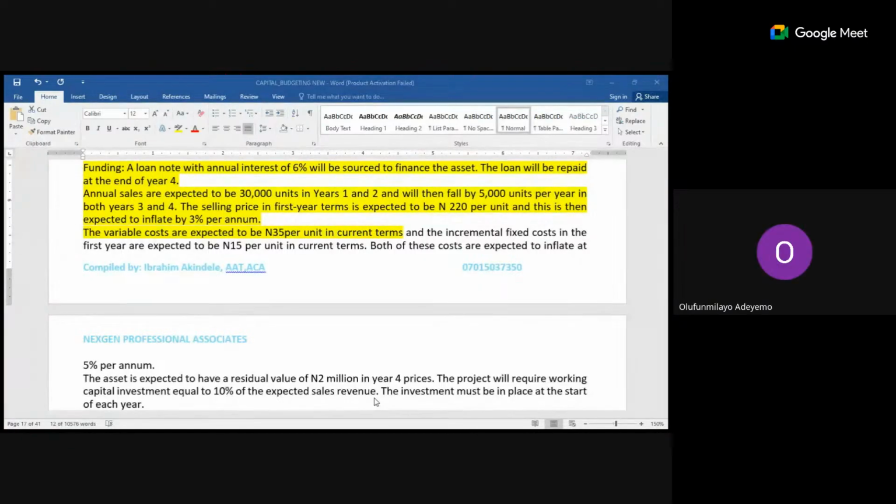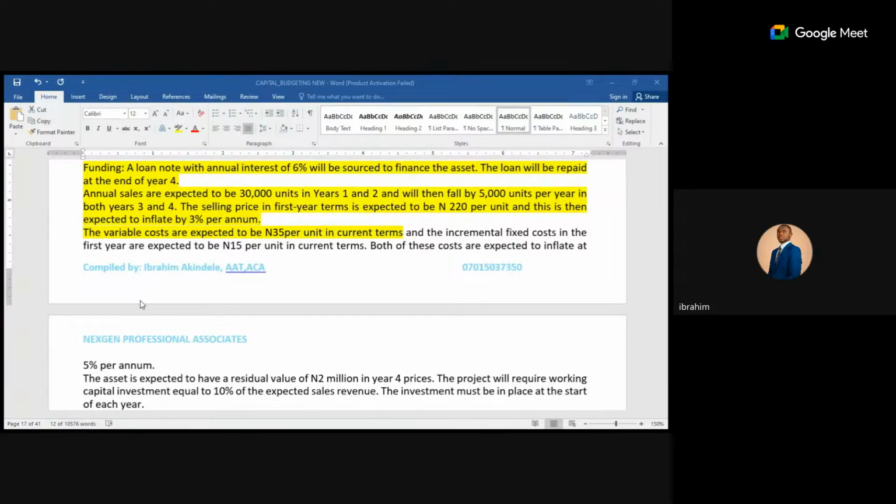Okay. Do you understand? You can see that in the first case, the selling price in the first year term is expected to be this, and this is then expected to inflate by 3% per annum. Is that not so?